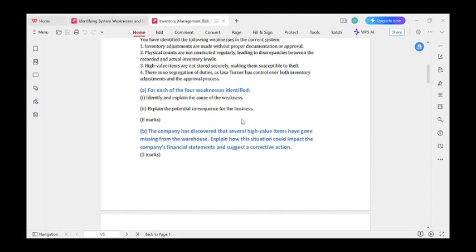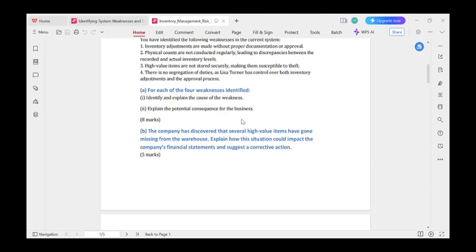Okay, so the reason is, we don't have proper controls and oversight, and adjustments are made without any documentation or approval, right? So we need to have a proper internal control system in place to tackle it. Okay, the consequence of that is going to be increased risk of fraudulent activities.